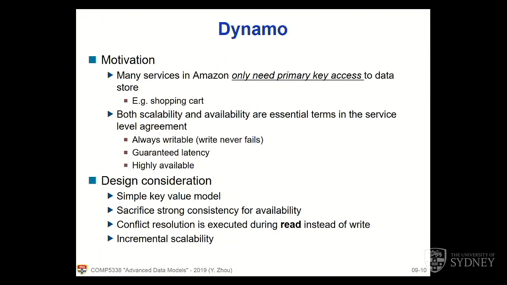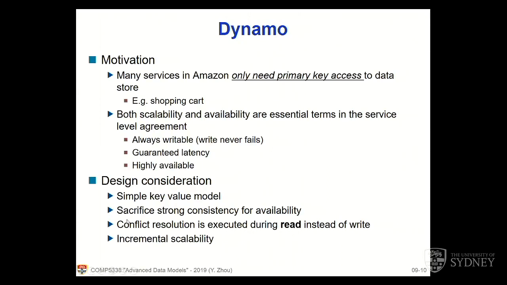So the design consideration is that because it only needs primary key access, there's no point to separate the different parts of the values. So they keep a very simple key value store. As long as we know this is the key and this blob is the value, that's fine.